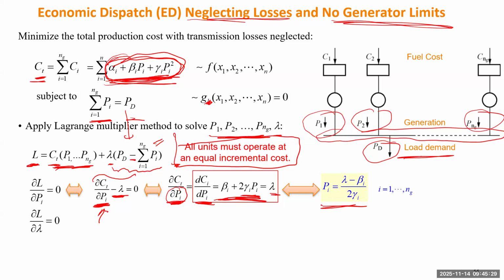Meanwhile, I need to increase the output of the second unit. Finally, they reach an equilibrium, and that will be the final dispatch. So this is a necessary condition you have to satisfy. If you don't satisfy this condition, you haven't reached an equilibrium point or the stationary point of the problem. Is that clear?